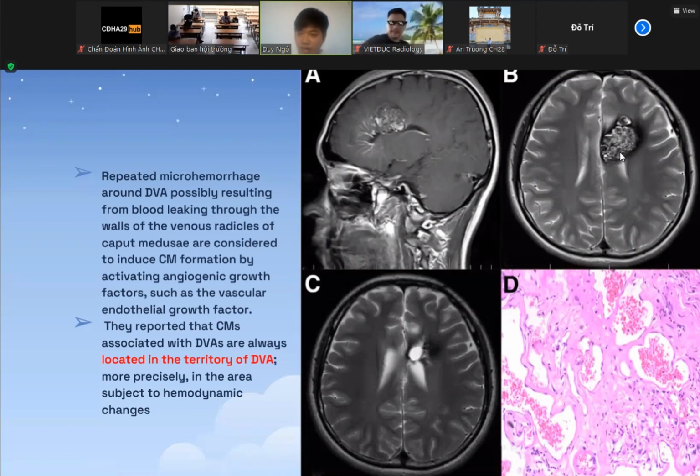You can see a popcorn appearance, grape-like or blueberry-like, with a hemosiderin ring surrounding it, which most likely represents cavernous malformation. And on sagittal T1, you can see the caput medusa appearance beside the cavernous malformation, representing a case of cavernous malformation and DVA.